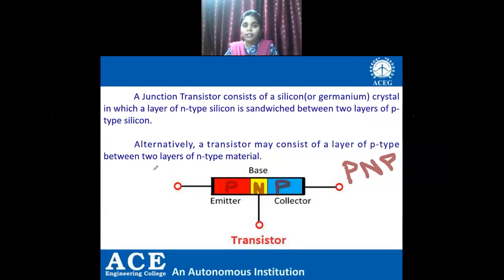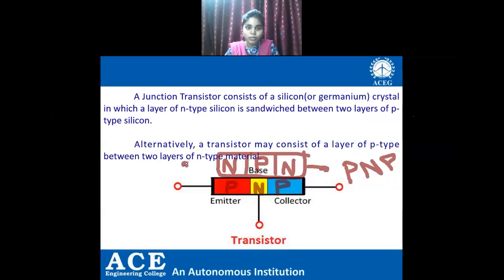Alternatively, the p-type layer is between n-type material, which means the middle will be p, and the right side and left side will be n-type material. Now we can say this is an NPN transistor.